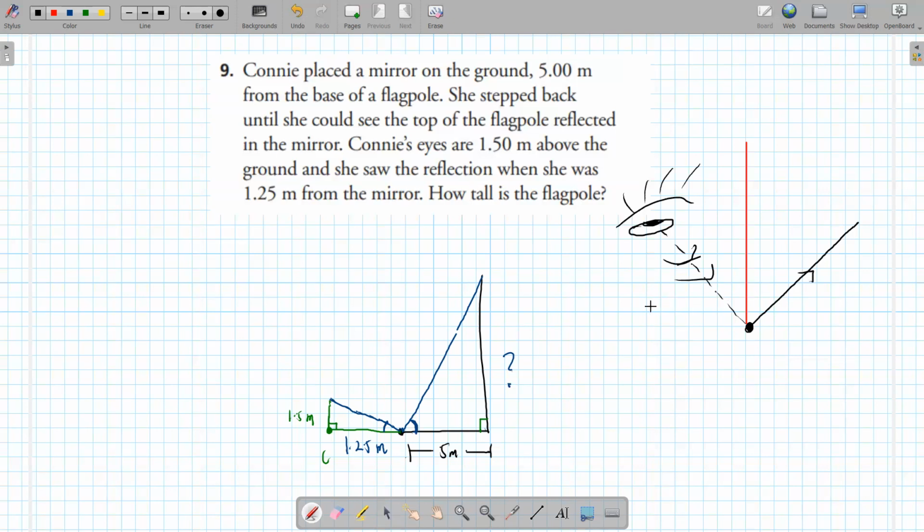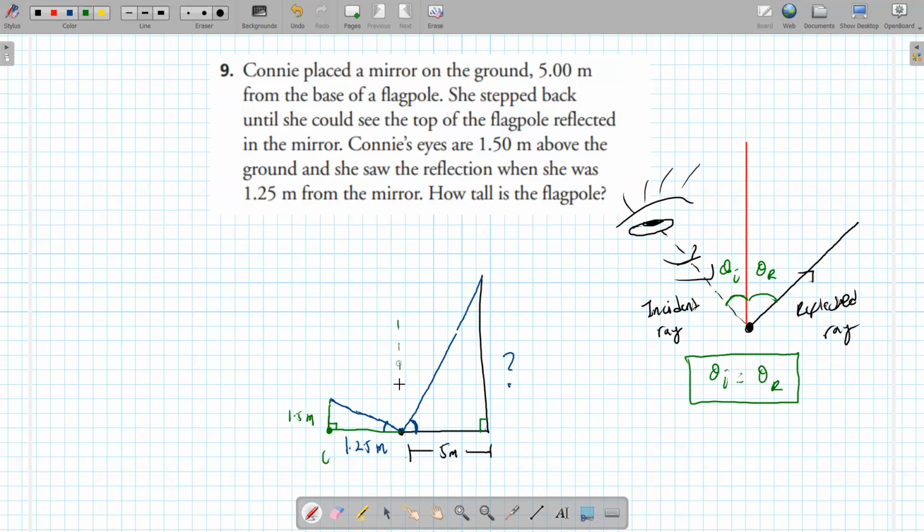This is called the incident ray. This is called the reflected ray. And the idea is that the angle of incidence, this is called theta I, is always going to be equal to theta R, which is the angle of reflection.